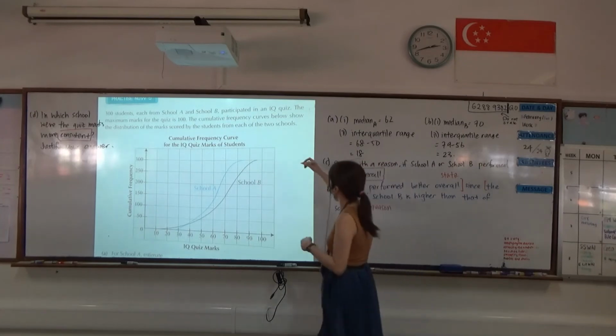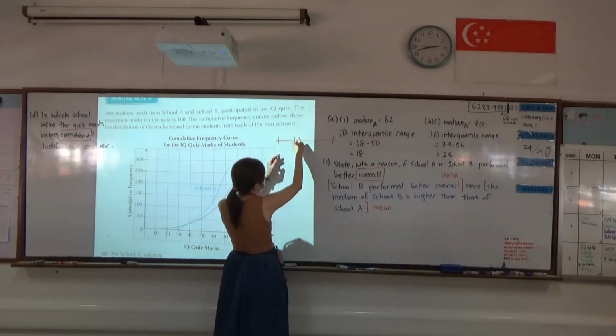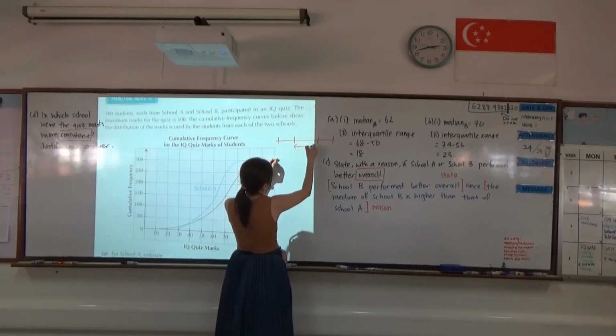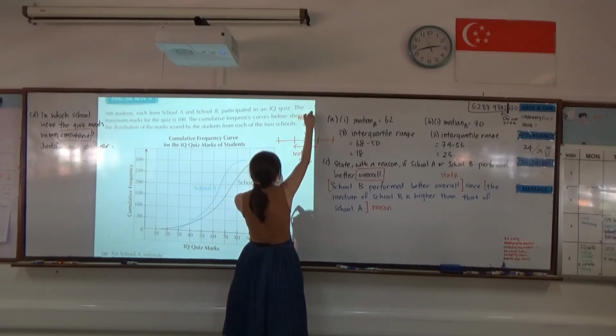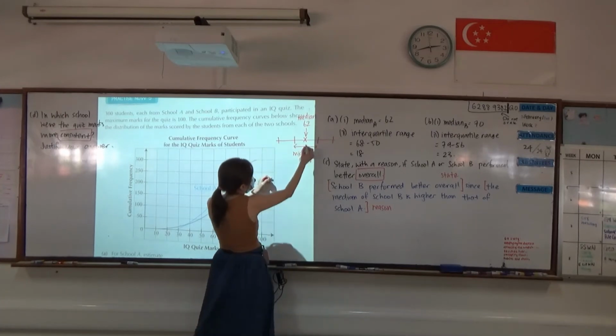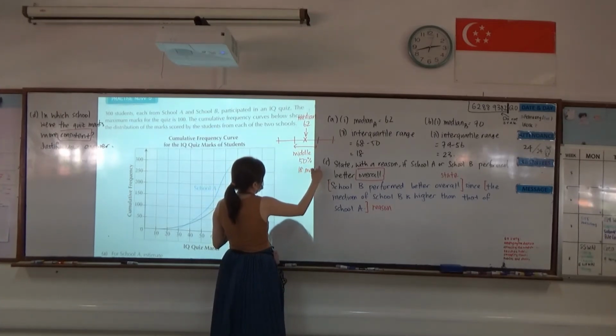For example, this is all the data involved. Middle 50%. This is where the median is, which is 62. So this range itself is a range of 18 marks difference.